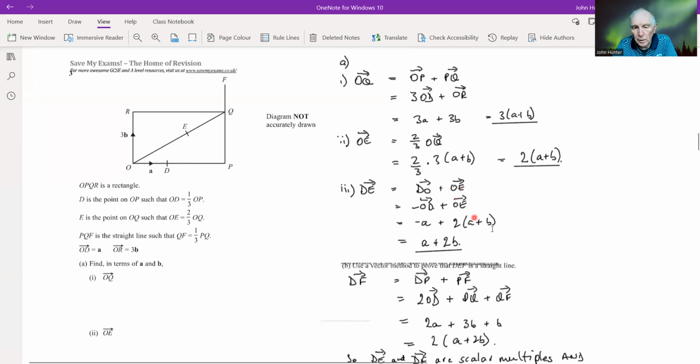So DO plus OE, DO is minus OD. All right, so it's the vector in the opposite direction, so we change the sign. So minus OD plus OE, so that's minus A plus 2 into A plus B, which we've got from here. And that gives us A plus 2B. Okay, so those things are fairly straightforward, really.